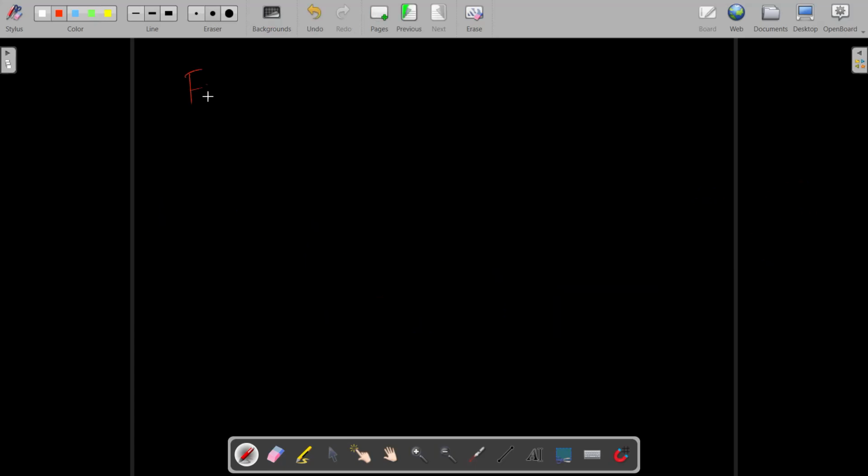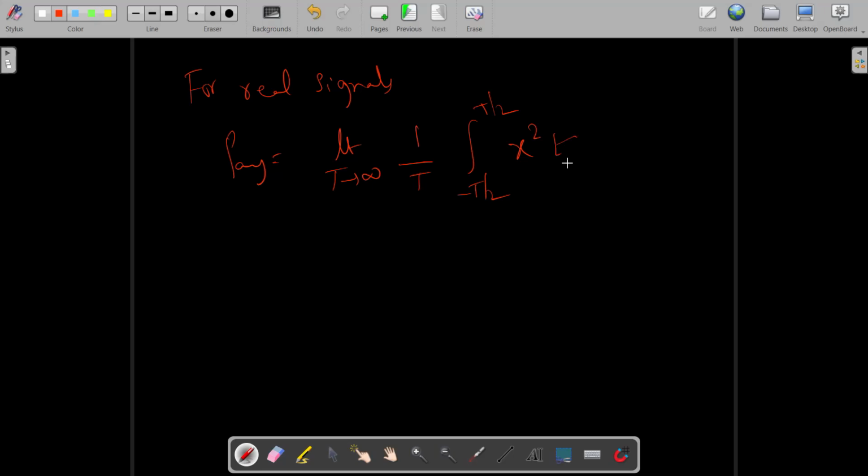So for real signals, the average power is going to be limit t tends to infinity 1 by t, this is for one time period, integral of x square of t into dt. So let us substitute for x of t.